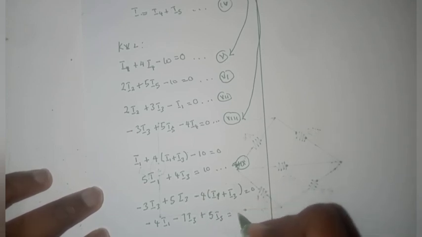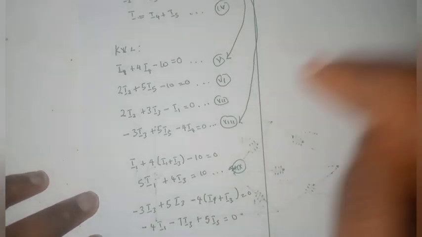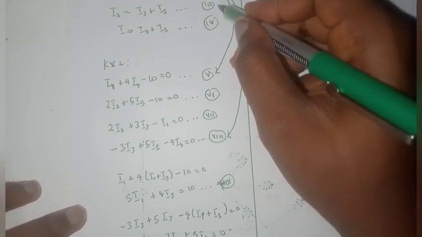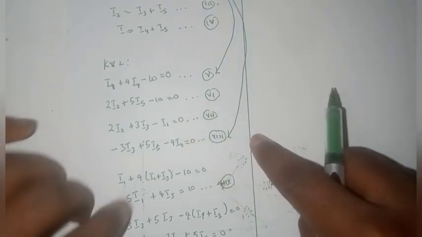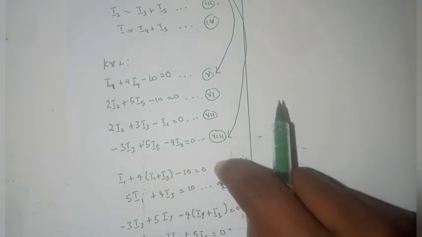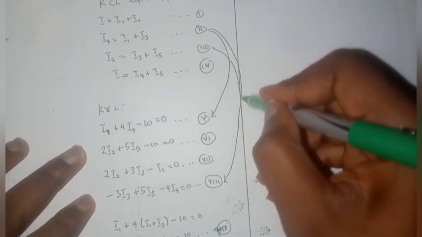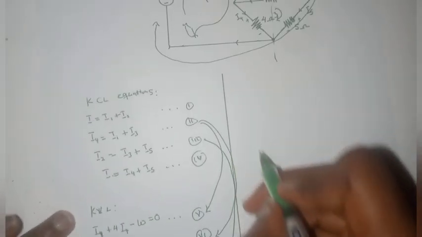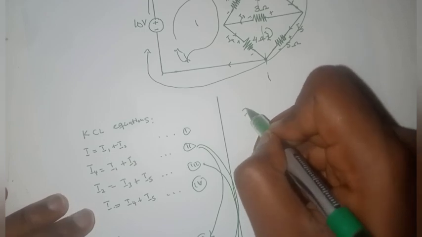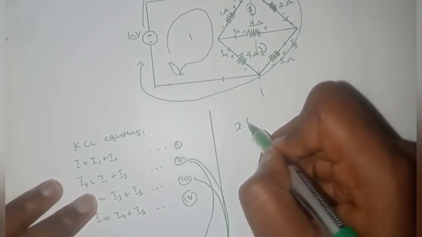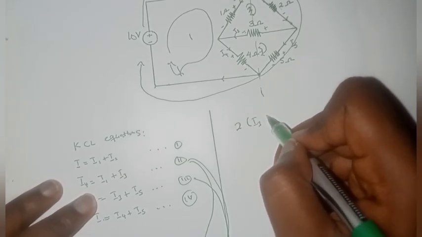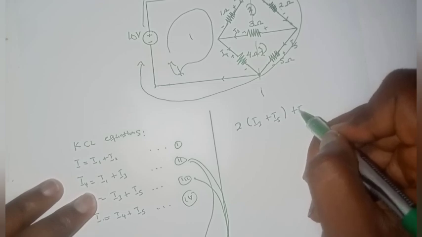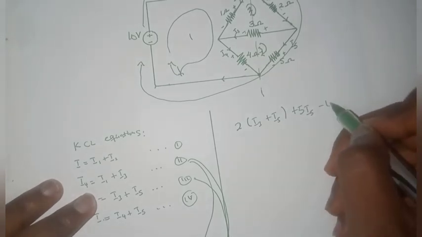Then we go ahead to substitute equation 3 into equation 6, and that gives us 2 into I3 plus I5, plus 5I5 minus 10 equals 0.